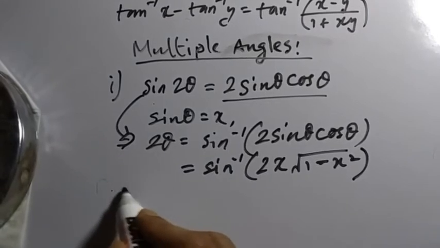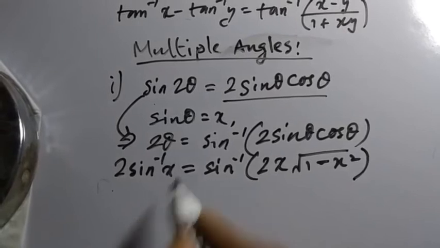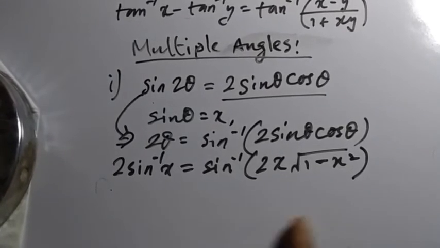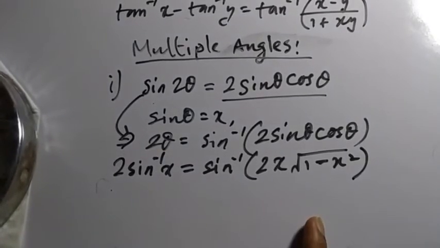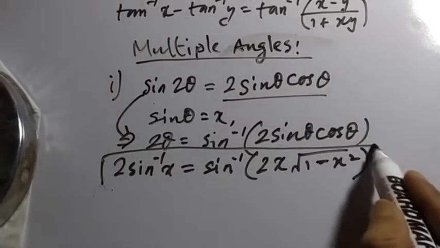Instead of theta we can write sine inverse x. So 2 sine inverse x will be sine inverse of 2x into root over of 1 minus x square. That is the first formula from multiple angles.